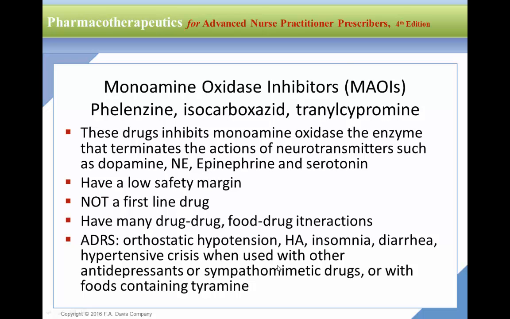Now, let's go through monoamine oxidase inhibitors. Basically, these medications inhibit monoamine oxidase, which is an enzyme that acts on the neurotransmitters that we already mentioned, such as dopamine, norepinephrine, epinephrine, and serotonin. In addition, they prevent the breakdown of tyramine.